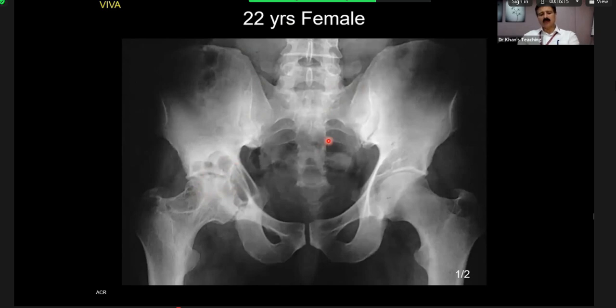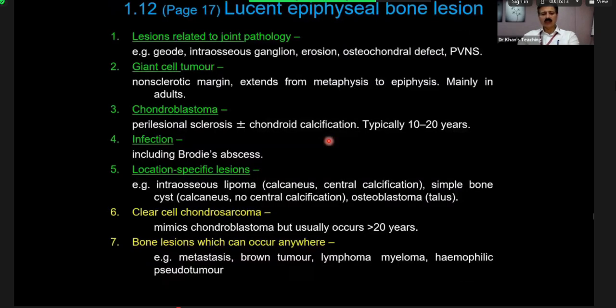So what happens in pigmented villonodular synovitis? Now, this differential diagnosis is extremely important, and on Saturday, I will revisit this lucent epiphyseal bone lesion. And this is extremely important for the exam. Many a times it will come in the exam, and you should know it very well. And lesions related to joint pathology.